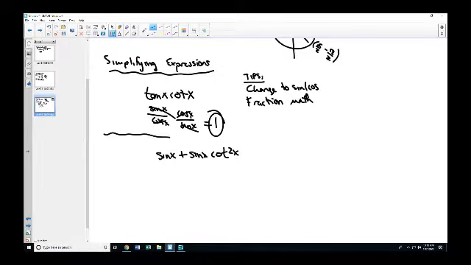This is a different problem. The other tips: we'll use your algebra skills, mainly factoring. If you can factor, do it. And use your identities.